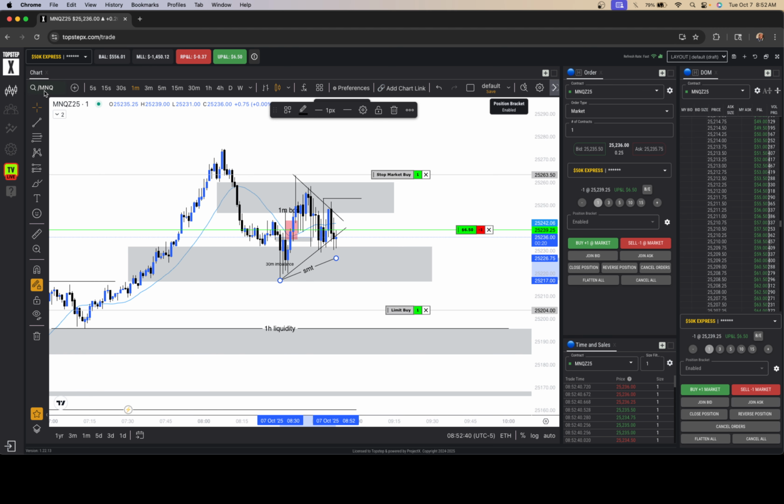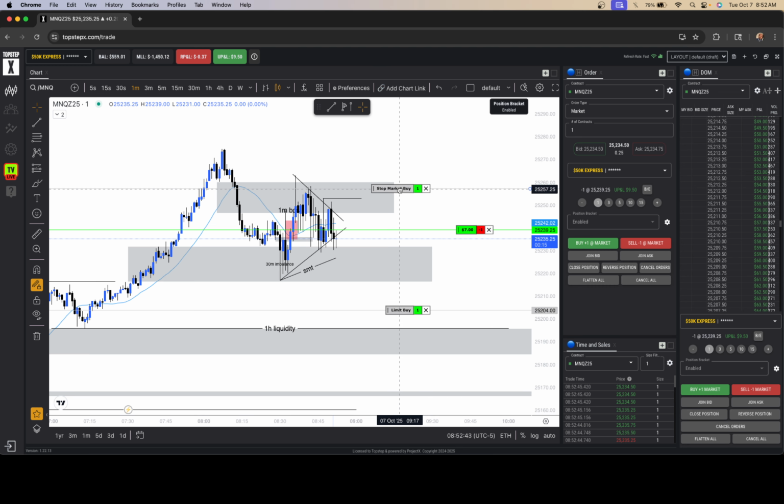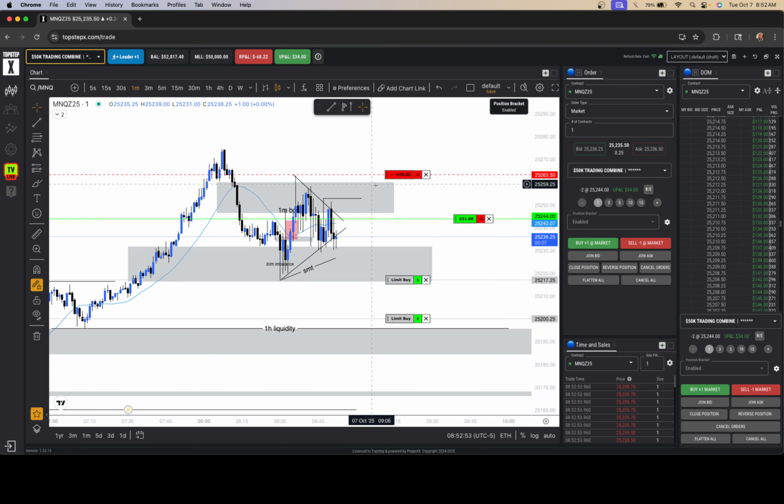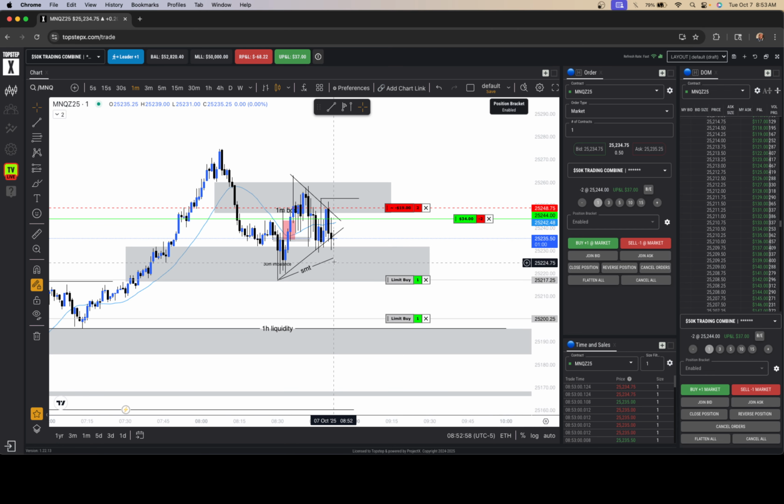So I'm probably gonna just lower the risk a lot on this. And it could play out, but since we have this SMT, it's a little sketchy now.